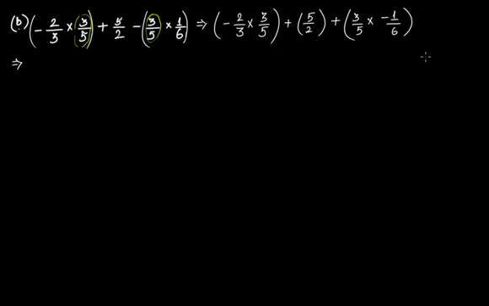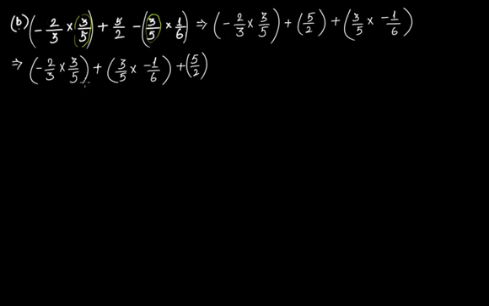So just remember commutative property of addition of rational numbers. So this becomes minus 2 over 3 times 3 over 5 and plus 3 over 5 times minus 1 over 6 plus 5 over 2, right?